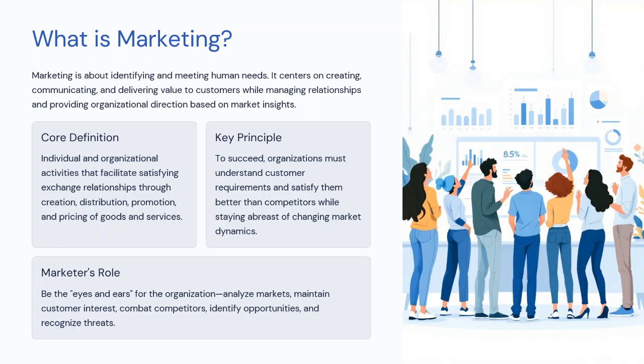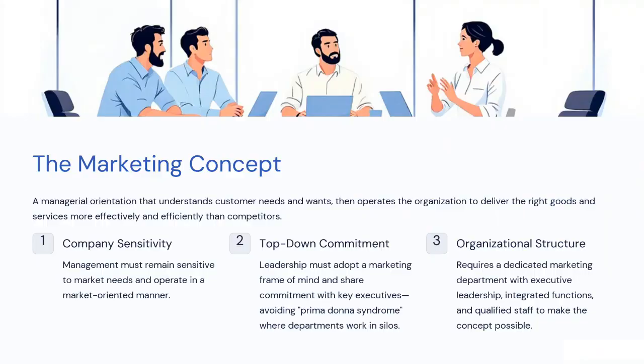The strategies vary by product life cycle stages. We are looking at penetration pricing for market share, skimming for early recovery, competitive pricing for maturity, and maintenance pricing for decline.